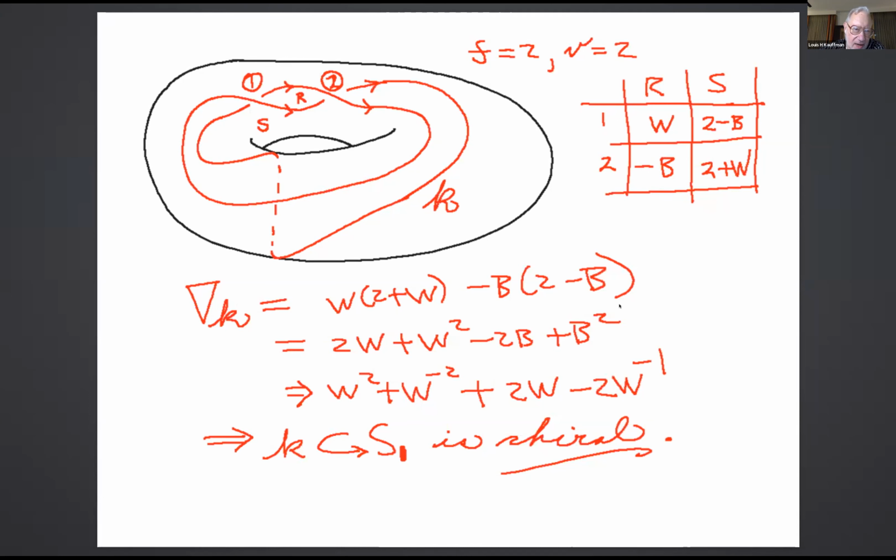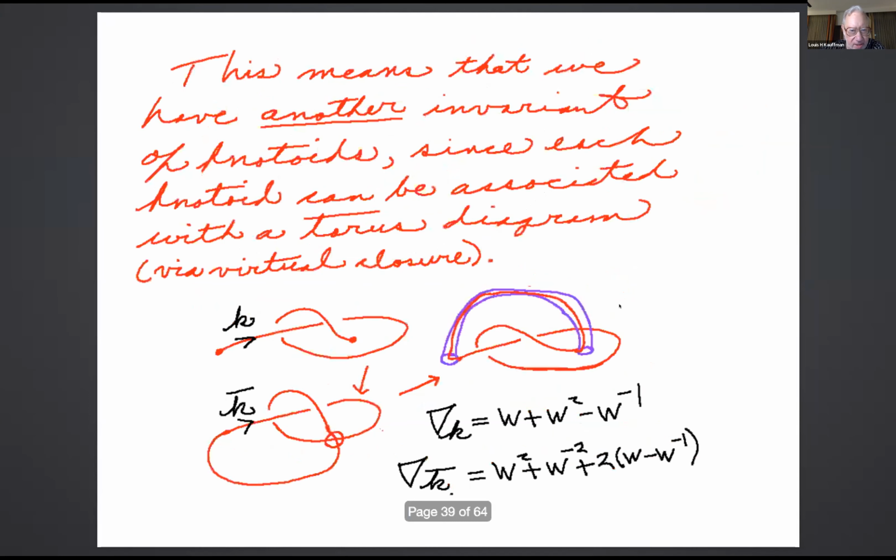Now, the interesting connection here is that knotoids and knots on a torus are related to one another. If you have a knotoid, you can make a knot on a torus by adding a tube to the plane and running a line that connects the two ends of the knotoid together along the tube, and then you have a knot in a torus.